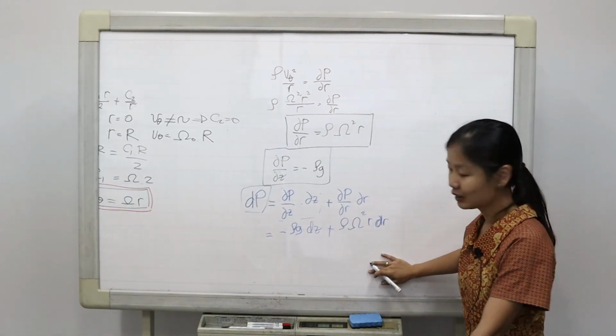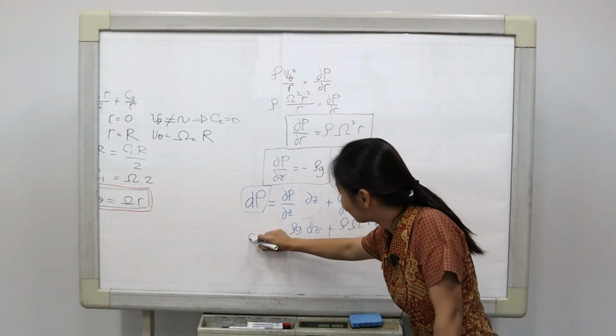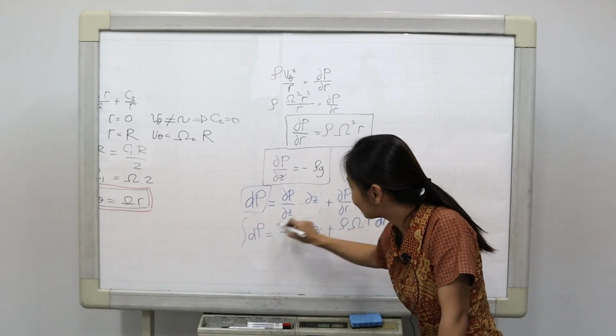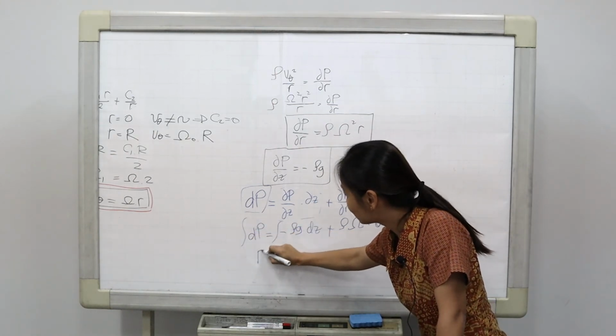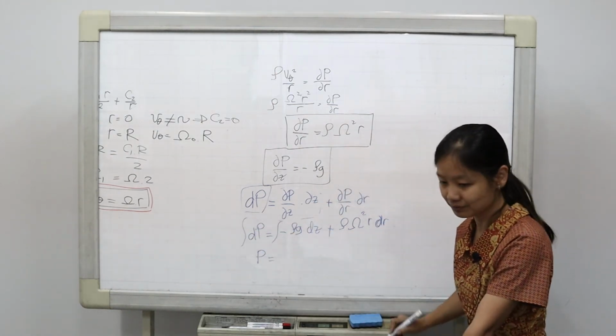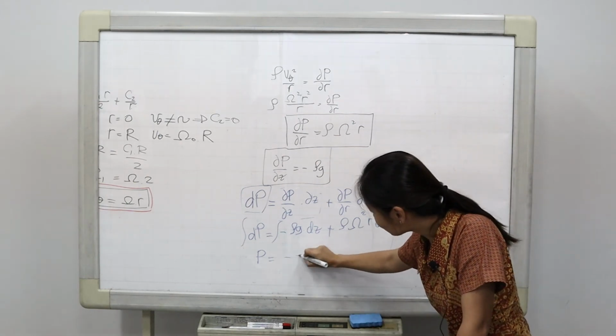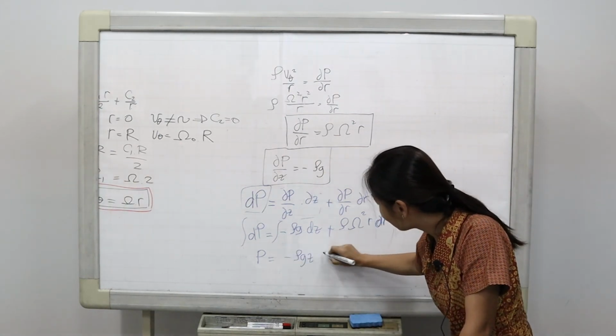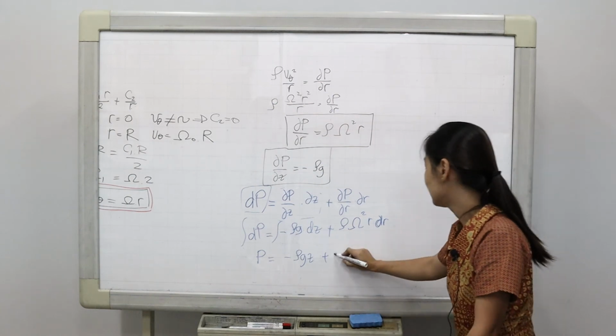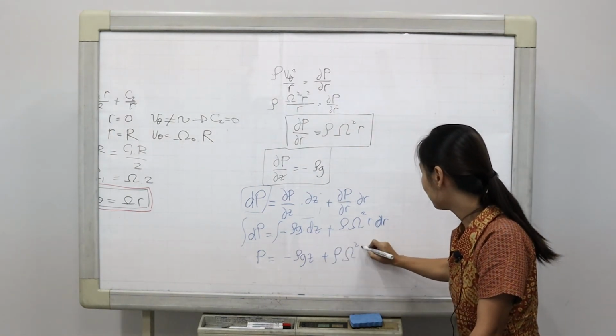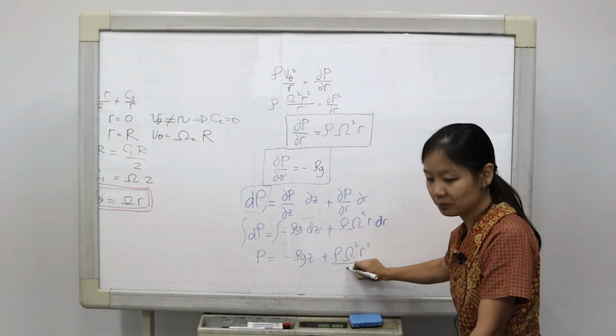When we do the integration, we'll have pressure equal to minus ρgz plus ρω²r² divided by 2.